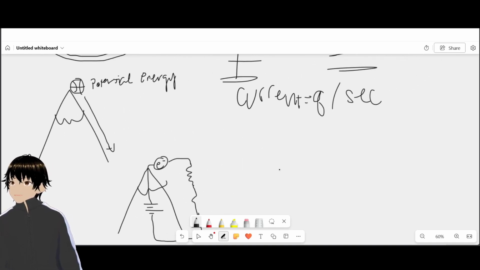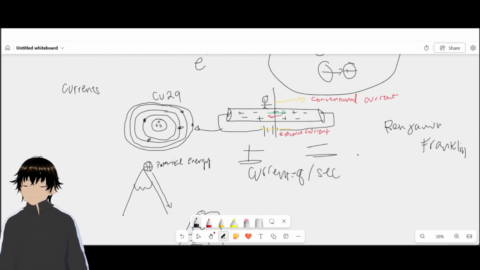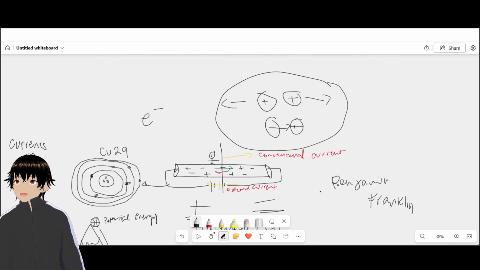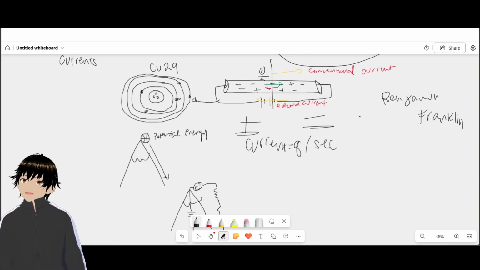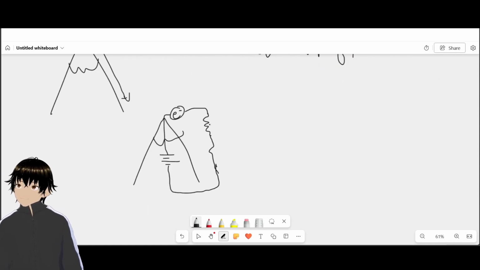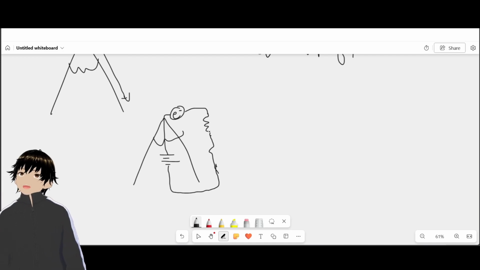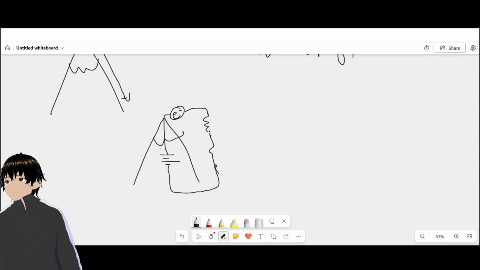So that's basically a brief overview of a little bit of the basics of electrical engineering. I'm not sure if I explained this part as clearly as I should, but hopefully I was able to give you a little bit of an idea of how some circuits work, how electrons move through currents.